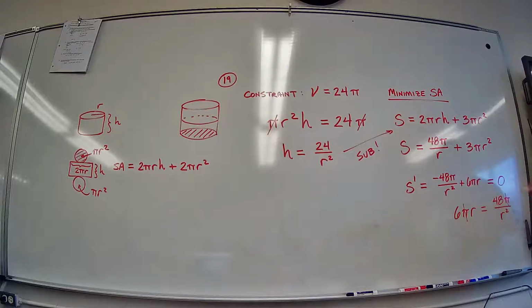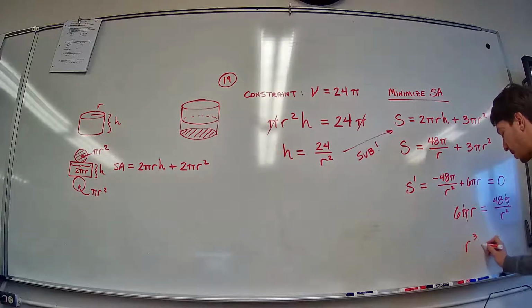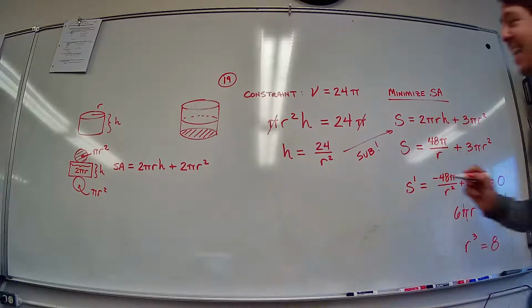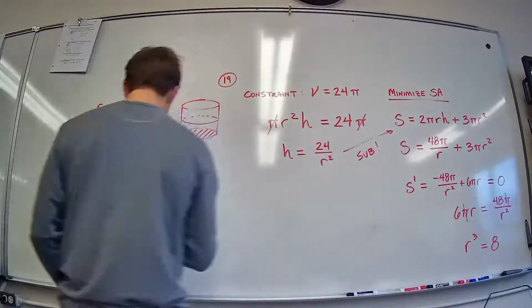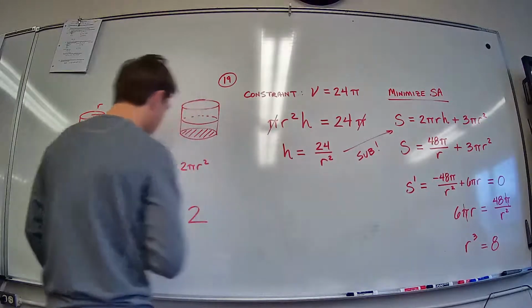The pi's cancel out, of course, and you get, how many r's do you get over here? Yeah, your power is r cubed. And then divide by 6 on both sides, and you get 8. Oh my goodness, an integer. Oh, amazing. r equals 2.